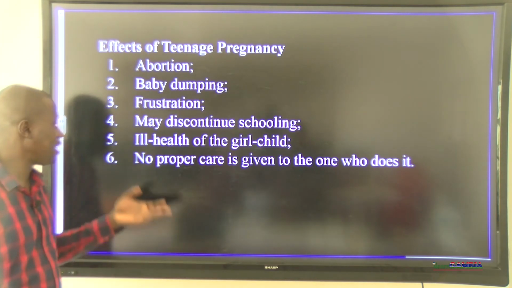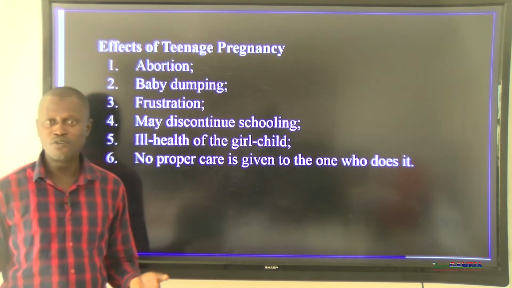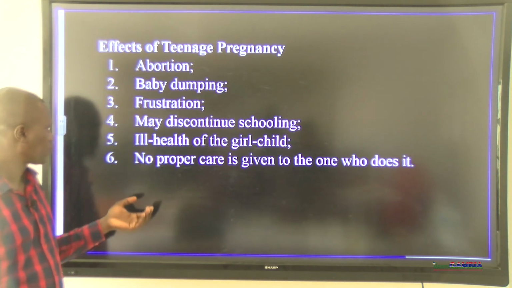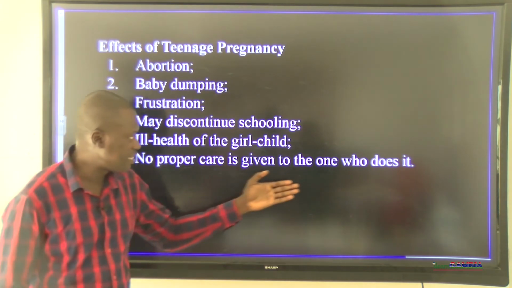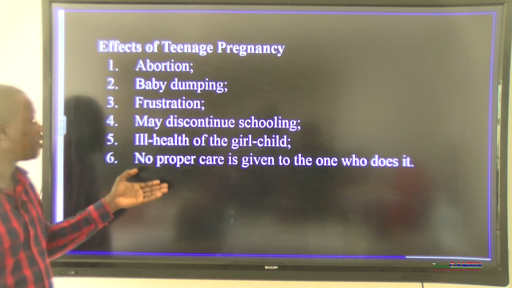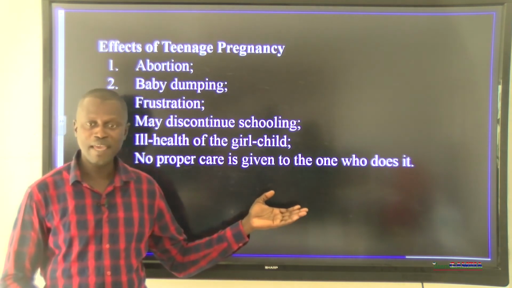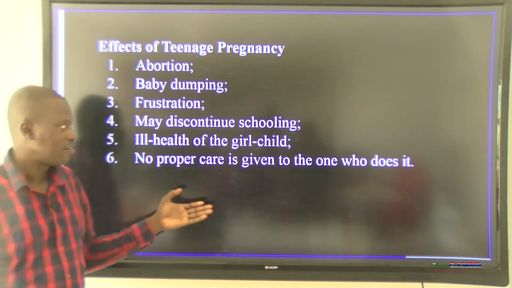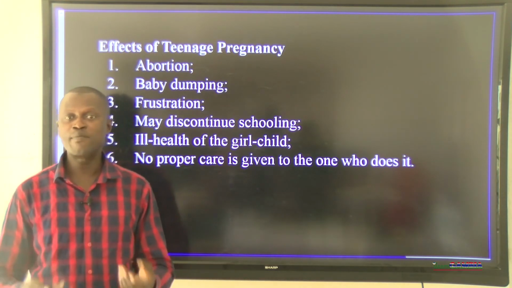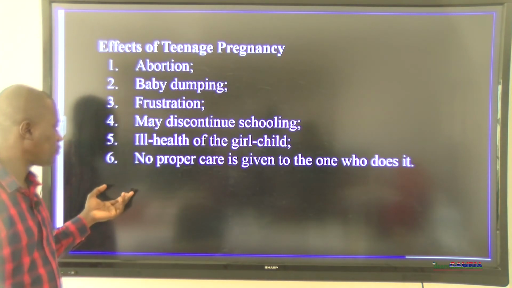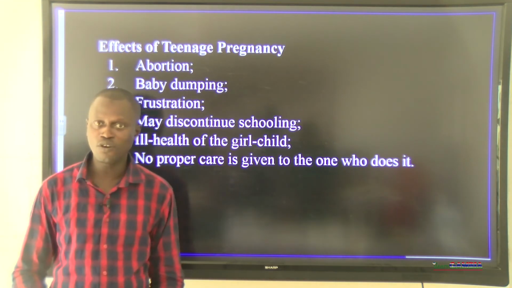And where there is ill health, obviously, we all know there is no total health in that instance. Now, no proper care is given to the one who does it, especially if the one pregnant is from a poor family, is from a family that relies on an unreliable income. Most of the time, no proper care is given to such a person.